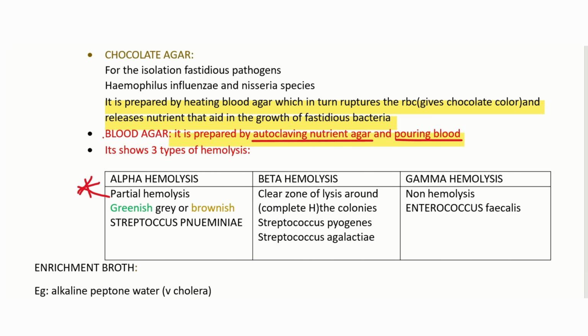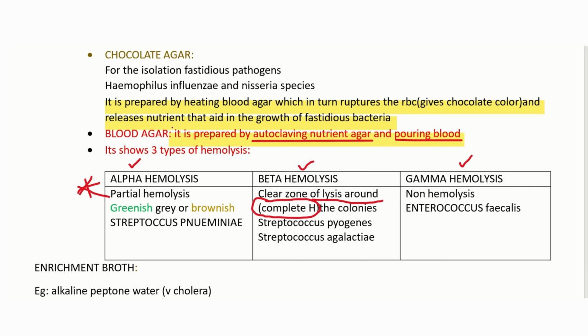This blood agar shows three types of hemolysis, that is alpha hemolysis, beta hemolysis, and gamma hemolysis. Beta hemolysis is the complete hemolysis because it shows a clear zone of lysis around the colonies. The examples are Streptococcus pyogenes and Streptococcus agalactiae.